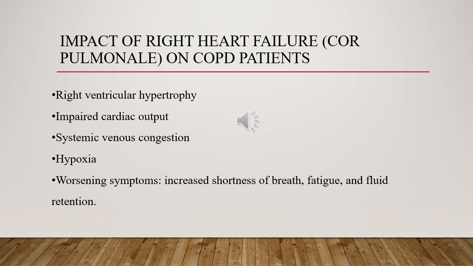The patient also experiences a vicious cycle of worsening symptoms, including fatigue, fluid retention, and increased difficulty breathing. Cor pulmonale can be fatal if not managed promptly and effectively, making it crucial to address both the pulmonary and cardiac aspects of COPD and pulmonary hypertension.